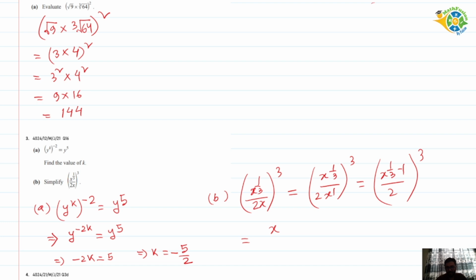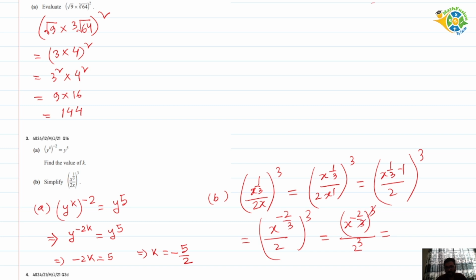So x to the power minus 2 by 3 divided by 2 whole power 3. So the power will be distributed: x to the power minus 2 by 3, power 3, is cubed.